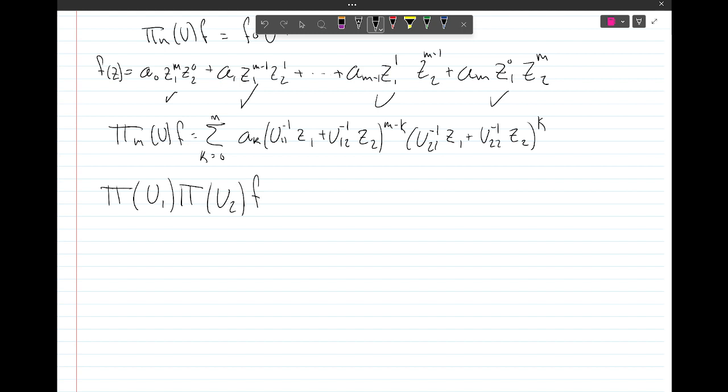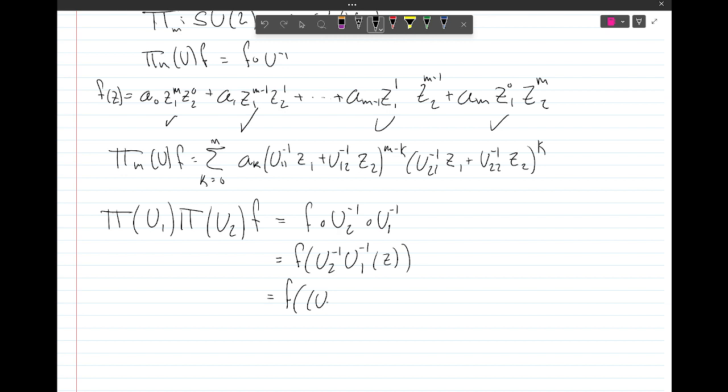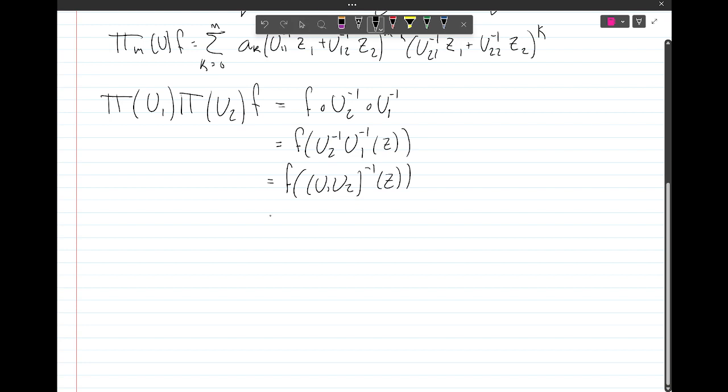U2 and U1 are both special unitary matrices. So then this equals f composed with the inverse of U2 composed with the inverse of U1. And that equals nothing more than f of inverse U2 times the inverse of U1 composed with z, and then through basic linear algebra, you can rewrite it thusly.